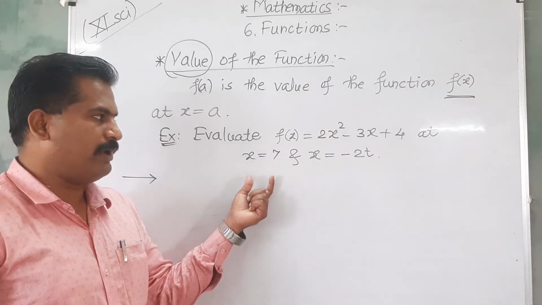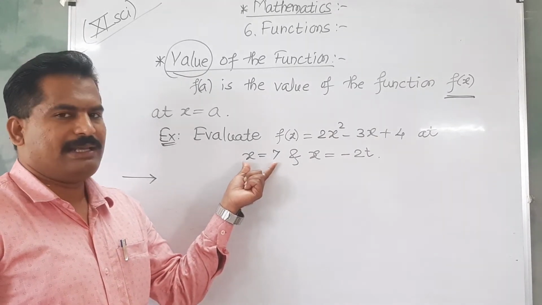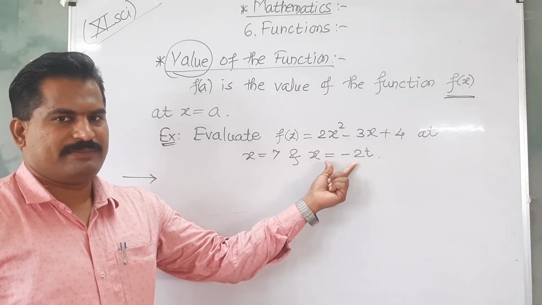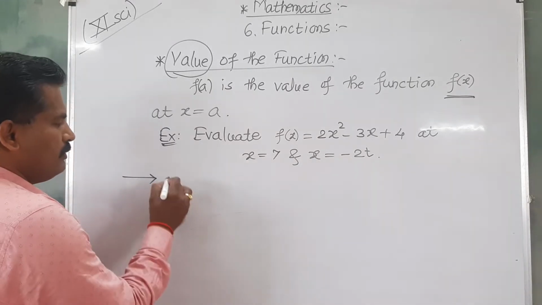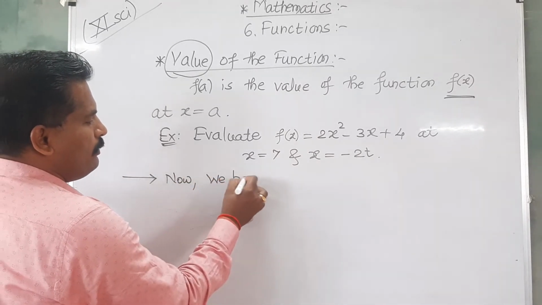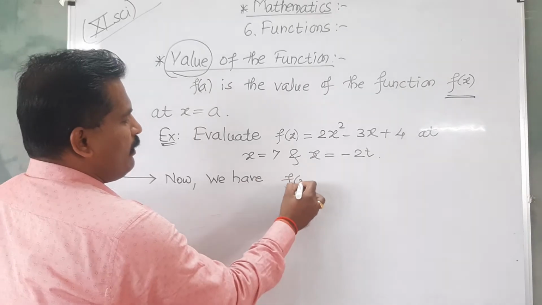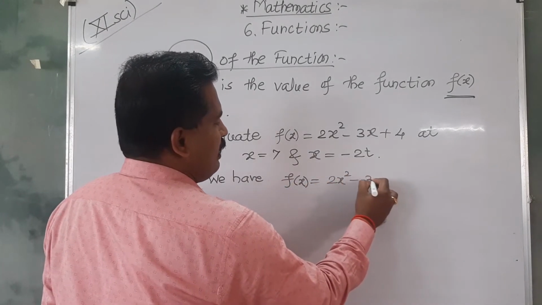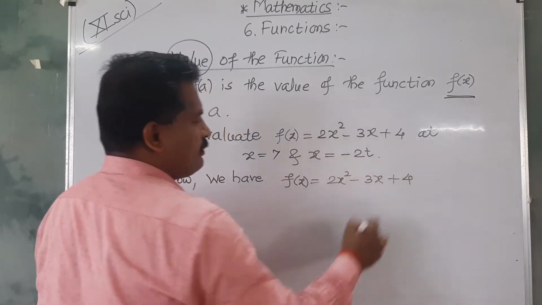We have to find the value of the function at x is equal to 7 and x is equal to minus 2t. Okay. Now we have f of x is equal to 2x square minus 3x plus 4.